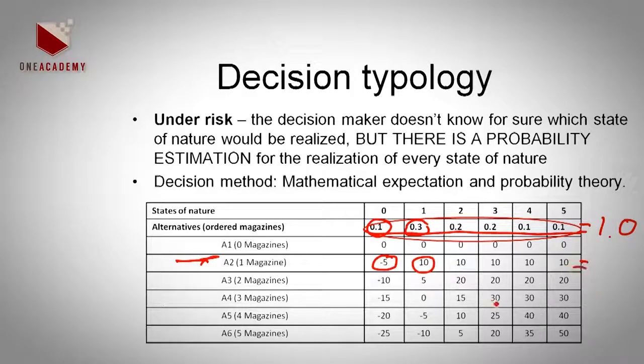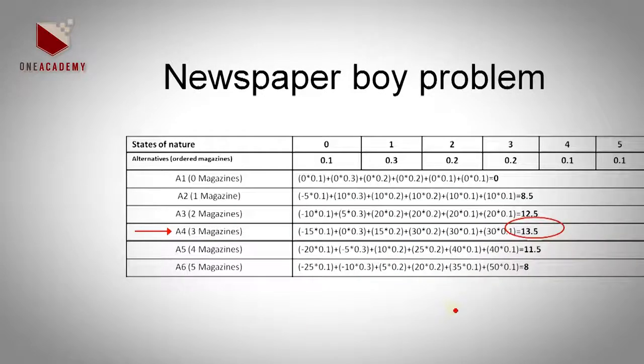And then we sum all these results. What we will have at the end is the expected value for each alternative. And when we have all the expected values for all the alternatives, we can figure out which is the best alternative to choose.